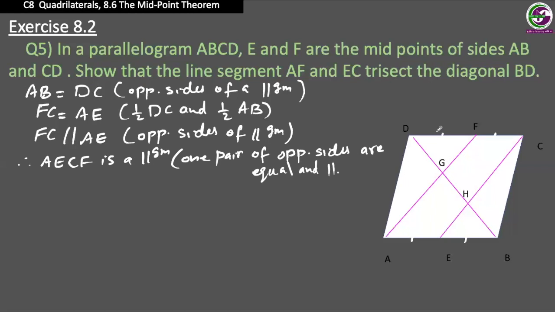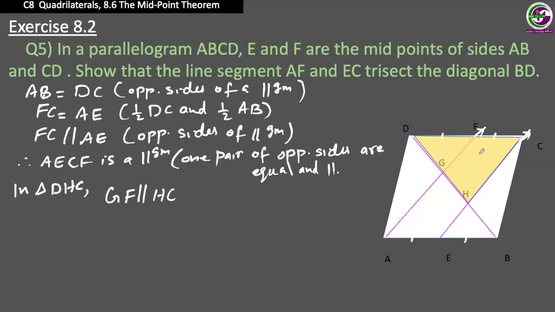Now let us consider the triangle. We found that these two are parallel. This side is parallel to this side. Now let us consider the triangle DHG. We can find GF is parallel to HC, because it is a side of a parallelogram.